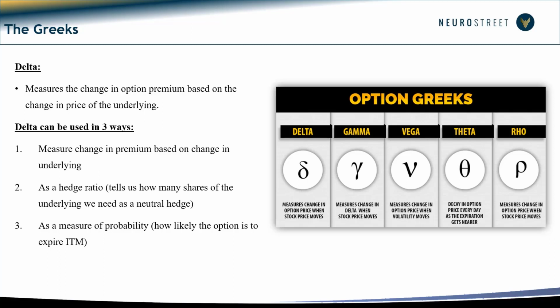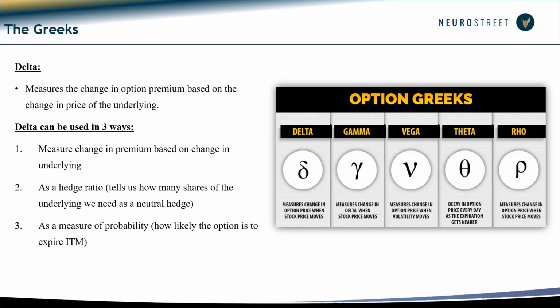Okay, the Greeks, delta. Delta measures the change in an option's premium based on the change of the underlying price. Okay, so basically, simply put, it measures the change in option price when the stock price moves. So it basically has a direct relationship to the option premium when the stock moves up or down. Okay, delta can be measured in three ways.